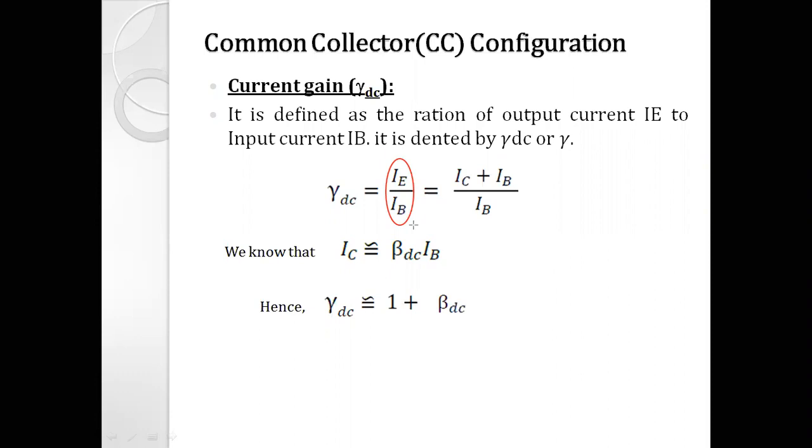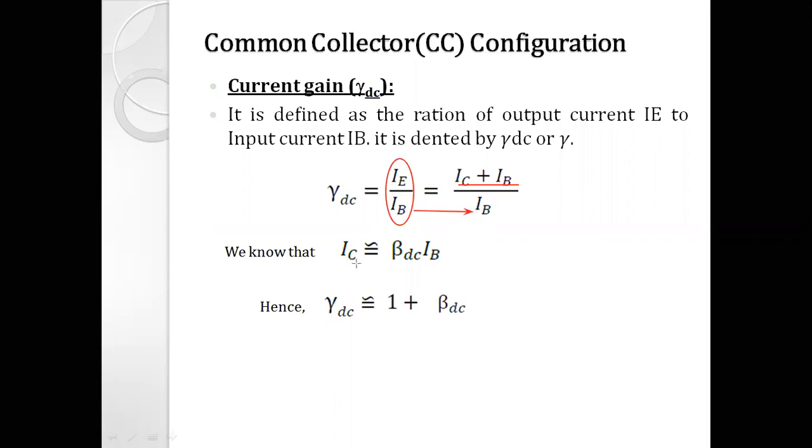That DC stands for the biasing to the transistor being DC, batteries are connected between the terminals. So this expression can be written as IC plus IB in the numerator and IB in the denominator. Why? Because we know that IE is IC plus IB, so that is substituted in the equation.